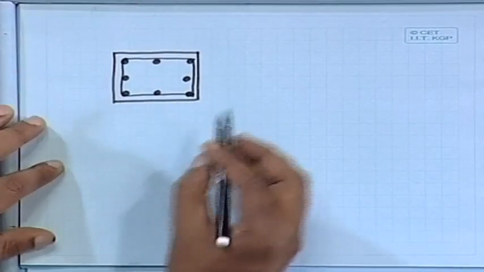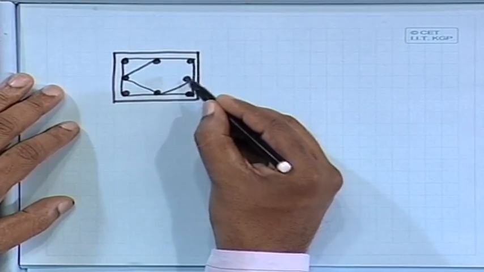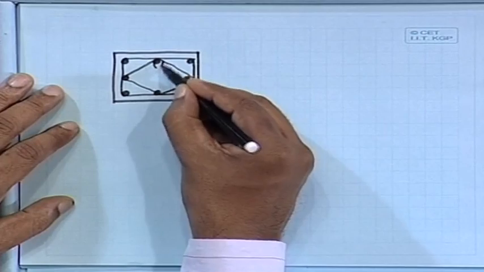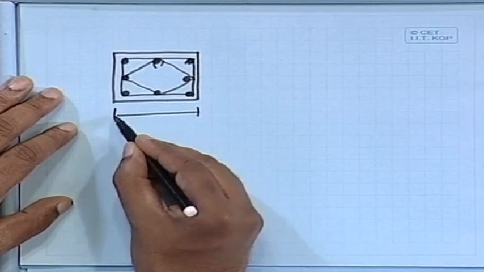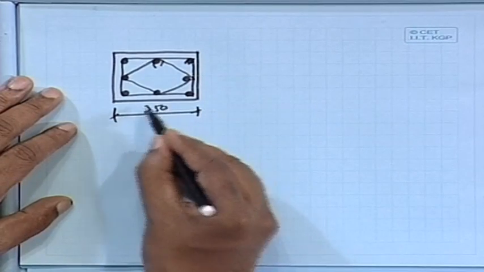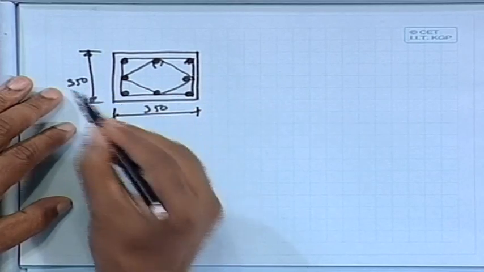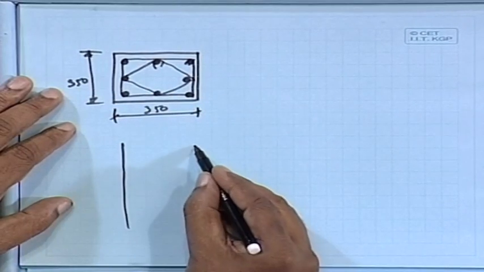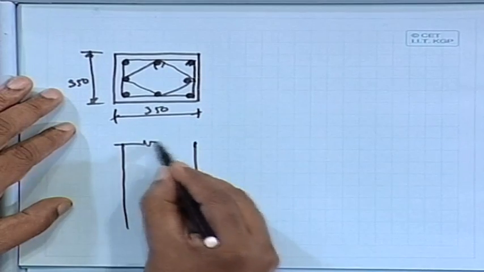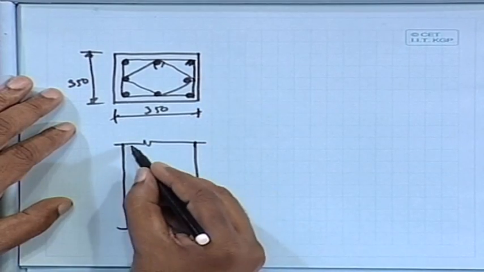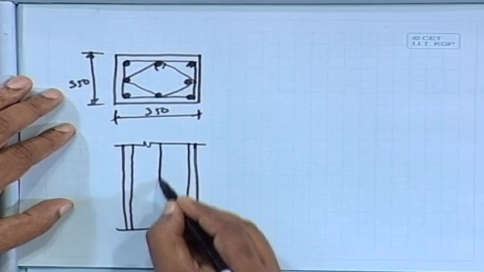We can provide here tie, and also we shall provide here tie, not only for the outer one, for inner one also you have to provide. So, this dimension 350, 350, and let us provide here this bar. So, we can have one bar outer side, another bar here, other bar here.